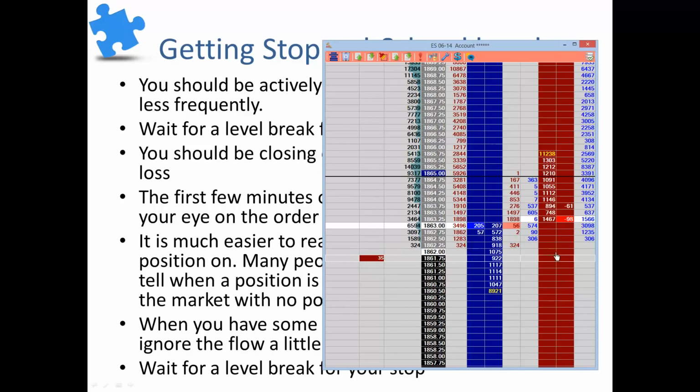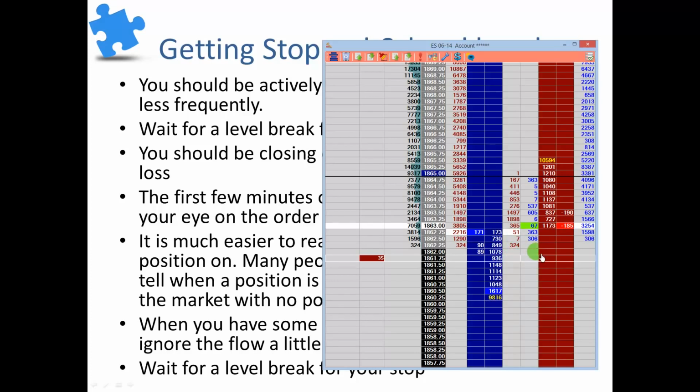I know sometimes somebody's just going to hit that with 1,000 and it's going to go straight through. So sometimes you're going to lose an extra tick when you're doing this, but most of the time you're going to be okay. And a lot of the time you'll come down to where your stop is, you'll see a bunch of contracts trade, it holds, and then it goes back up and it effectively saves your trade.